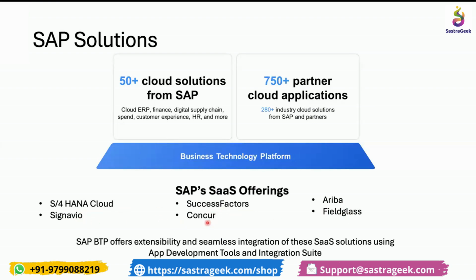There are a lot more services that SAP provides. There are 50 services that SAP as such provides, and 750 plus partner services, software as a service, being provided. With BTP, we can extend and integrate all these SaaS solutions using the app development tools and the integration suite.